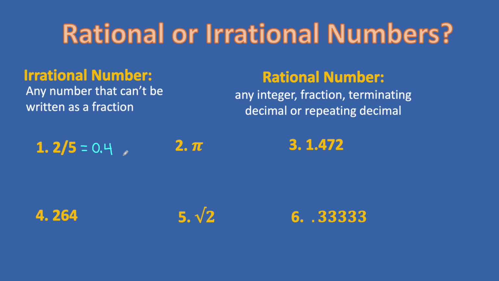I find it easier to convert the fraction into a decimal just to make sure that when you convert it, it does end up being either a terminating decimal or a repeating decimal. So here we have a terminating decimal. So we know that this would be a rational number. So we're just going to write rational.